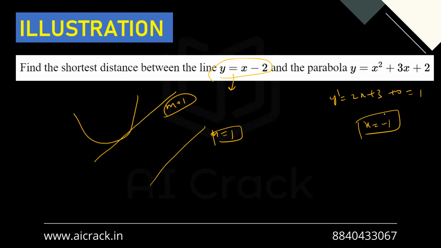Now we can plug this x = -1 back into this equation. So we get (-1)² - 3 + 2. That gives me 0. So we have got the point as (-1, 0).